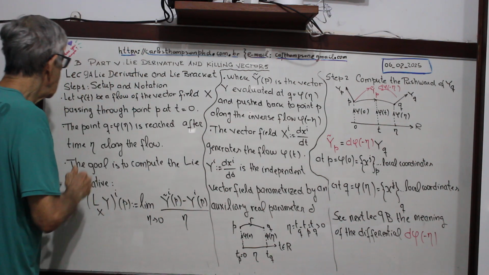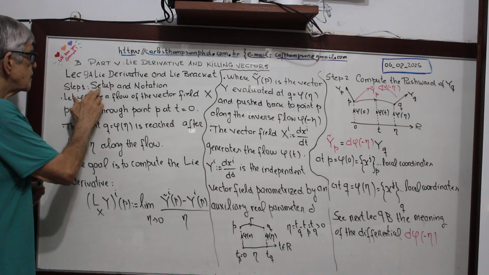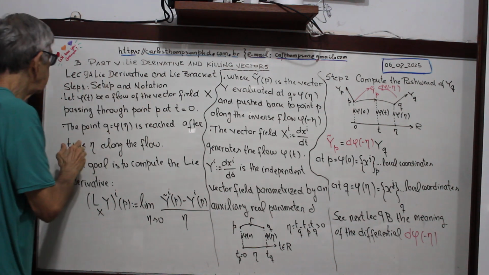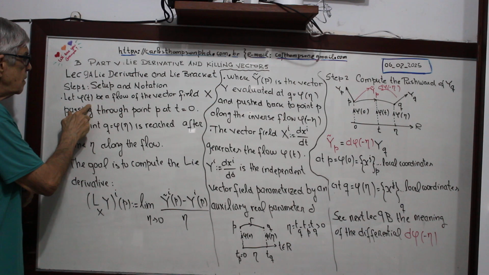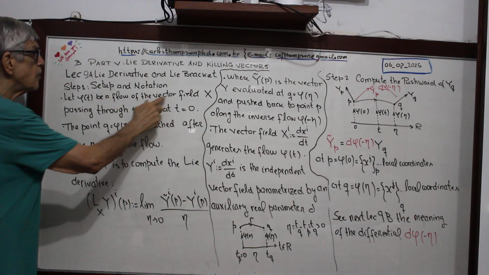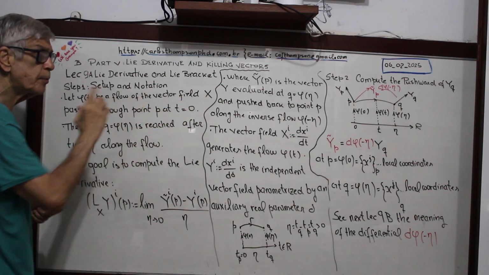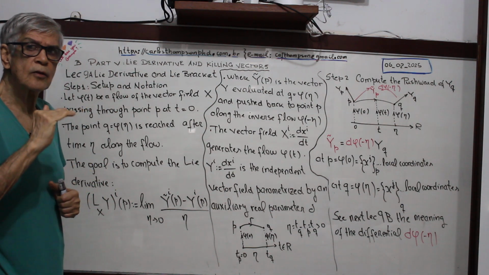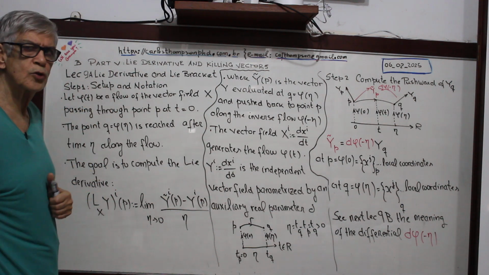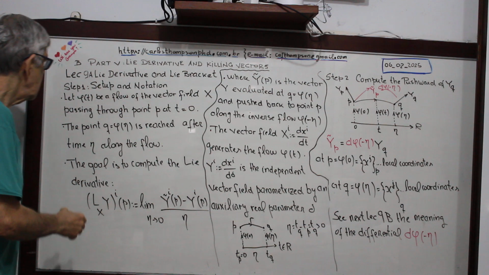Step 1, setup and notation. Let phi of t be a flow of the vector field X. Capital X is a tangent vector, as we showed before.